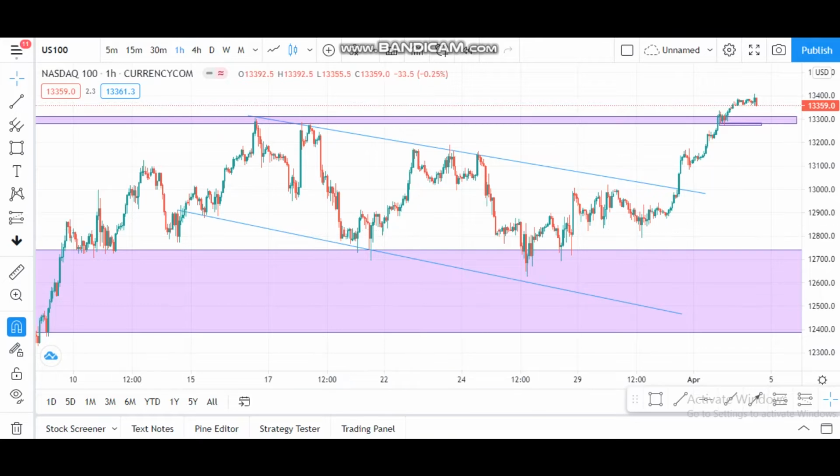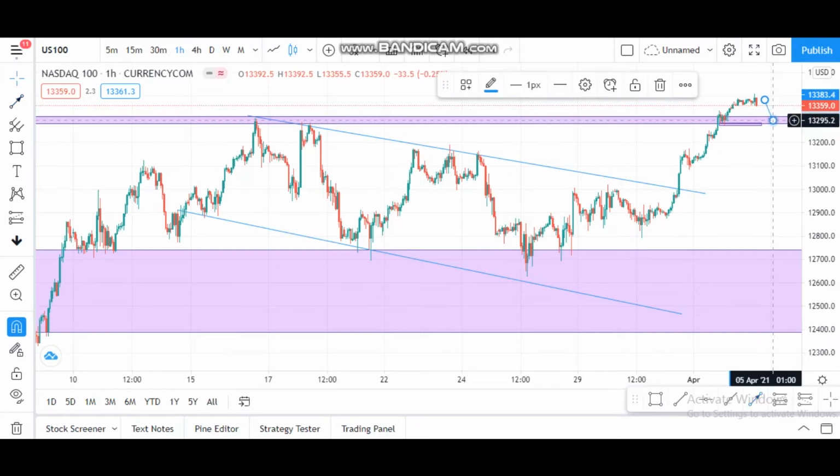So I'm anticipating that when the market opens Sunday night, the market should come test the support, and I have a running trade on NAS before going in overall.